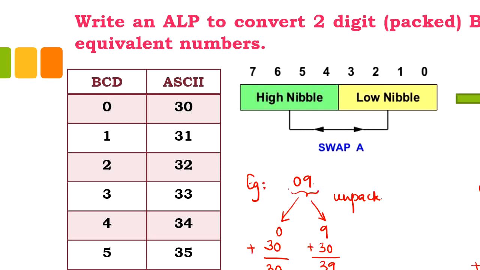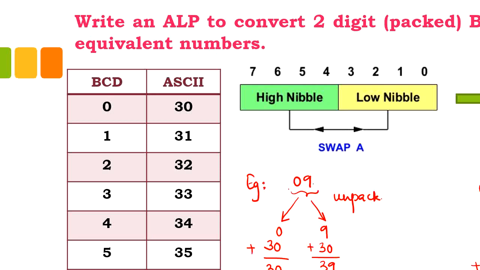Now if you observe, in this case we need to perform unpacking, correct? To perform unpacking, we are going to perform masking and swapping. That is because we need to unpack and consider only the upper nibble and the lower nibble, and we have to mask to get only the lower nibble or the upper nibble.